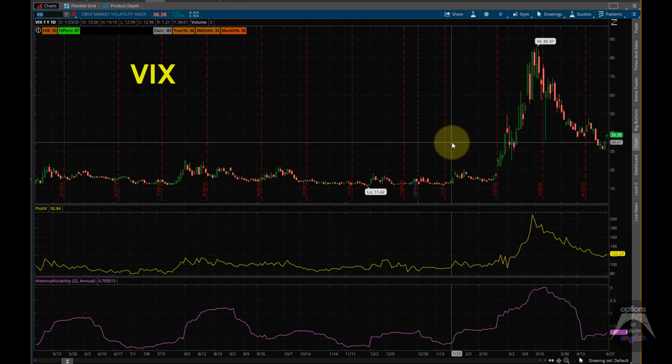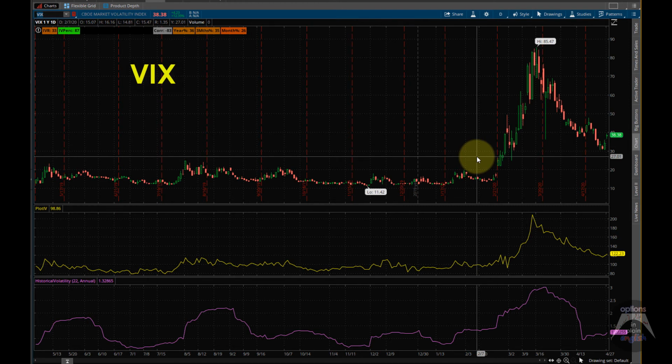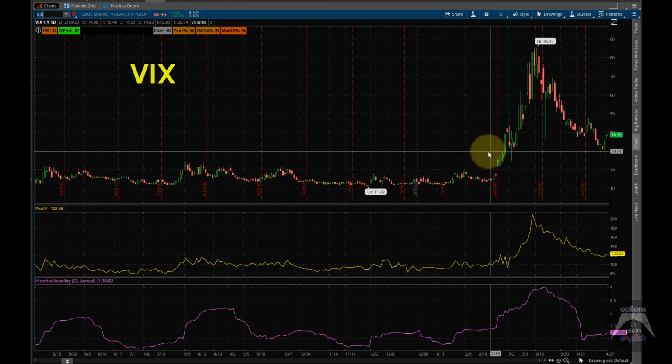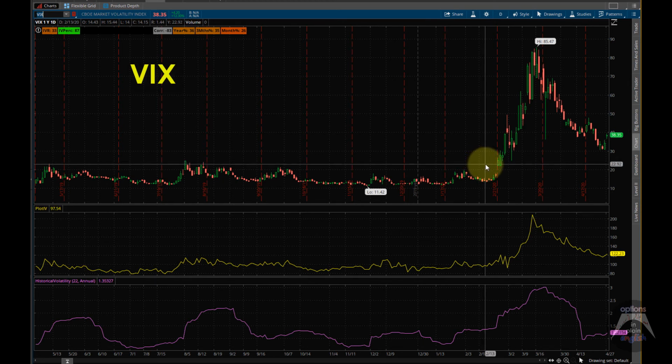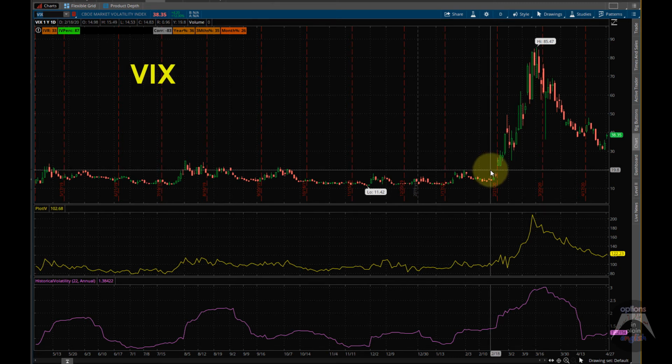This is an index. You cannot trade it, you cannot buy it or sell it, but you have options on the actual index, and because there is no deliverable, if you want to exercise your options, you can't.